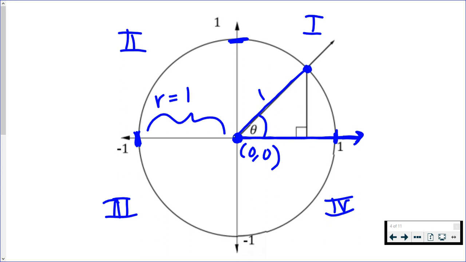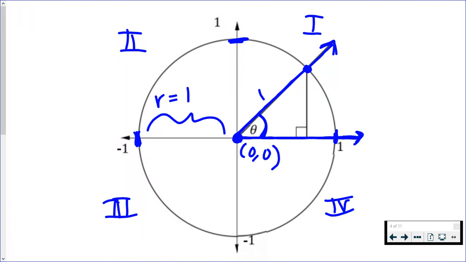And it was also formed by this line right here, which is called a ray. Remember, you have a starting point and then it goes on forever. So this line is called a ray. So we've got this angle in here, angle theta. This ray can also be called the terminal side of the angle.